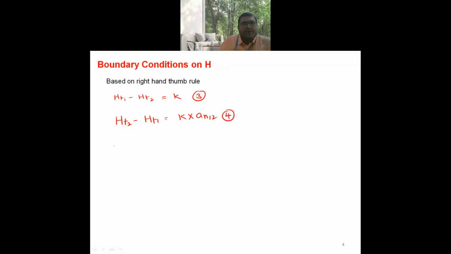It is equation 4, where K is the free current density deliberately placed at the boundary. If there is no current density at the boundary, then the value of K will be equal to 0. And from equation number 4, we get Ht1 is equal to Ht2. This condition is valid only when the value of K is equal to 0.